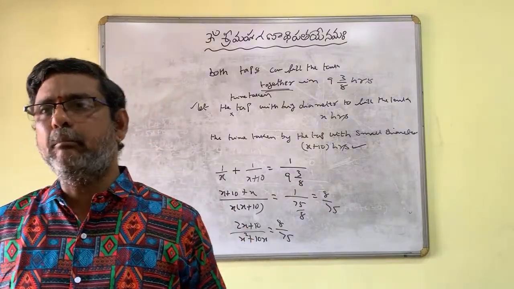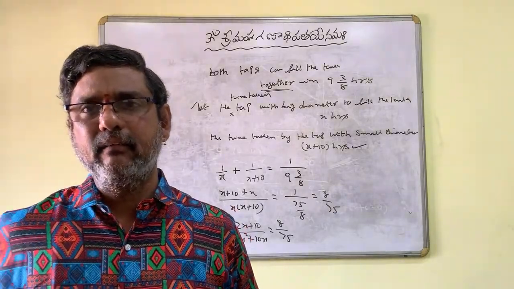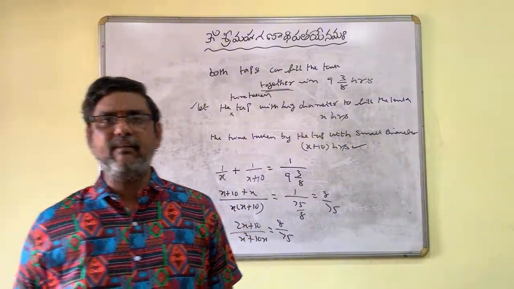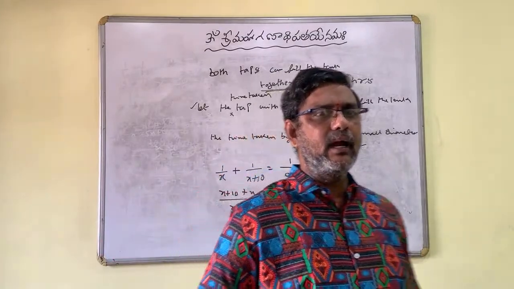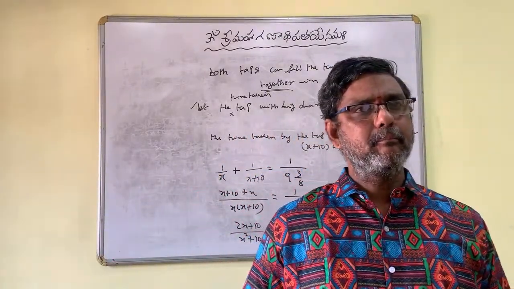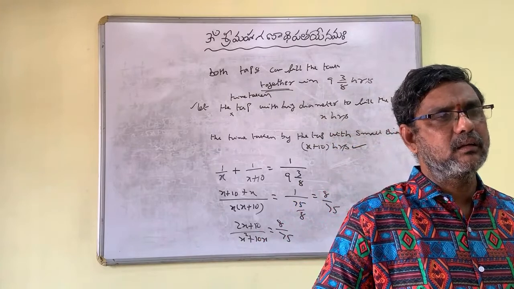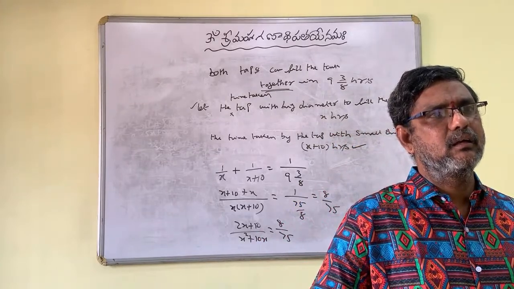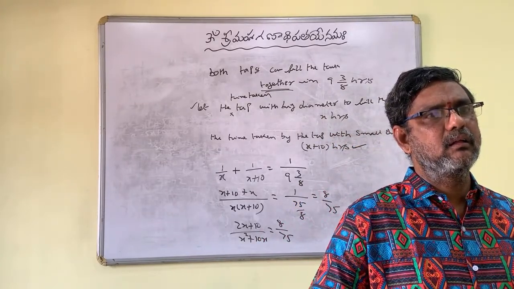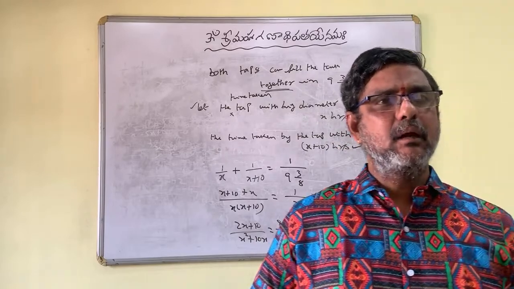So how much of work is completed and how much of work is pending? 7/10 of work is completed, and 3/10 of work is pending.